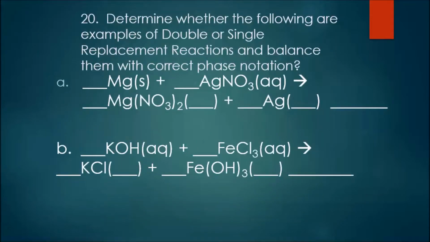All right, so let's do some of these. First of all, let's balance it, and then let's predict the phases of what's produced, and then let's predict whether this is double or single replacement.